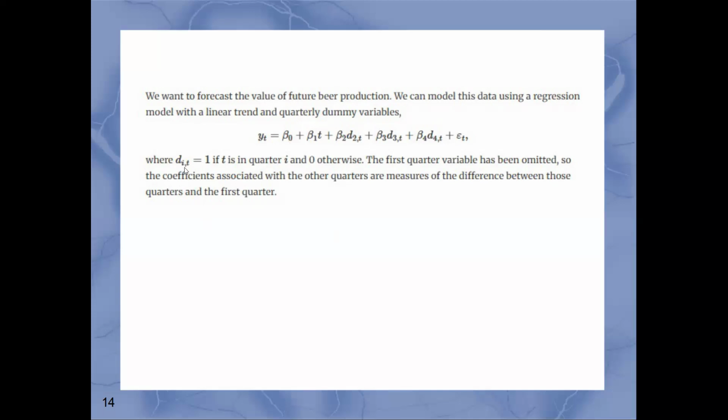In this case, DiT is equal to 1 if T is the quarter i and 0 otherwise. The first quarter variable has been omitted so that the coefficients associated with the other quarters are a measure of the difference between the first quarter and those quarters. So we forget about the first quarter, and that's why we have just D2T, D3T, and D4T.